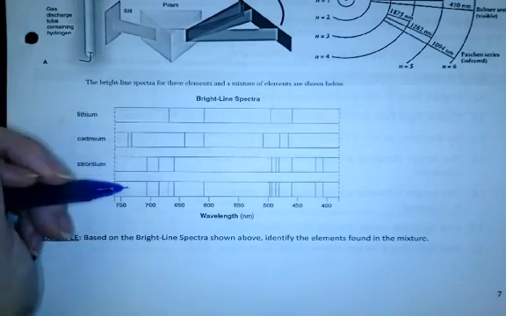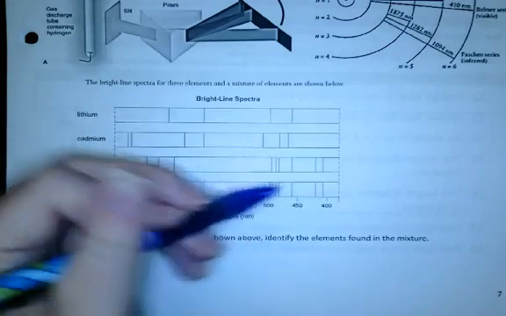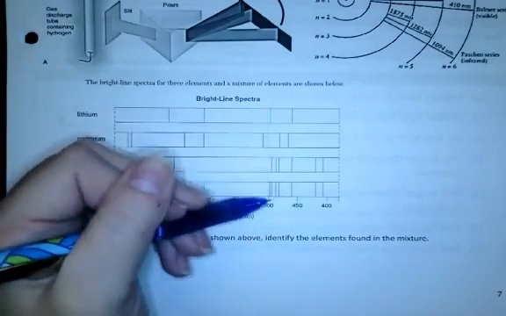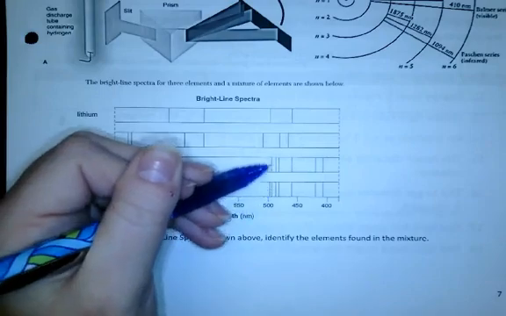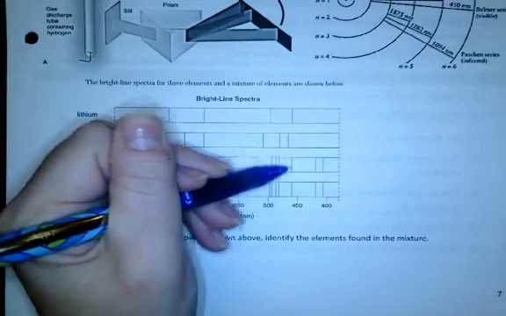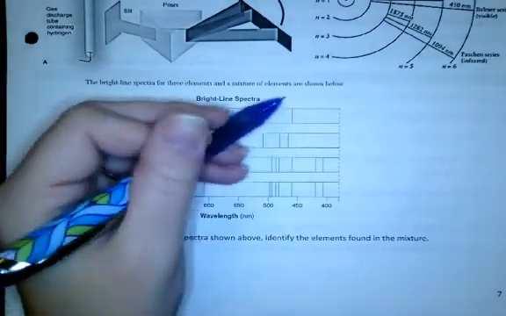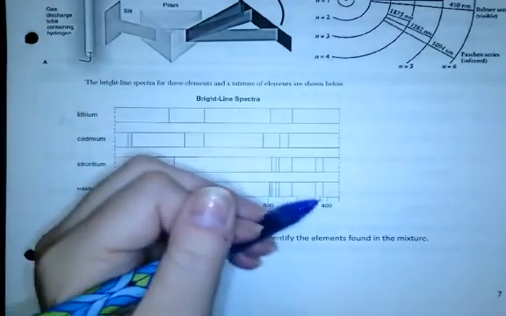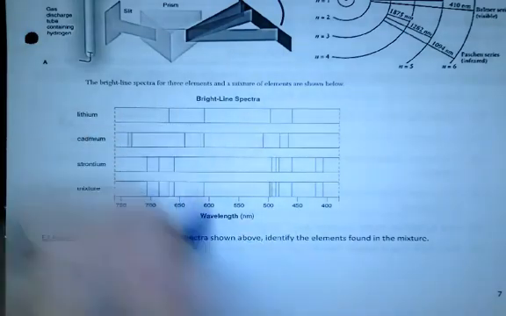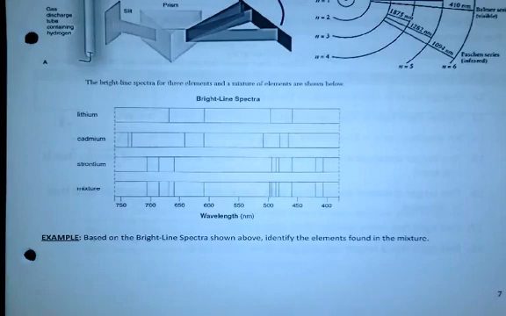If we go over, we see that this line lines up with lithium. The next three line up with strontium. This line lines up with strontium and lithium, and these last two lines line up with strontium, okay? So while one line did line up with cadmium, most of these lines are from strontium and lithium.